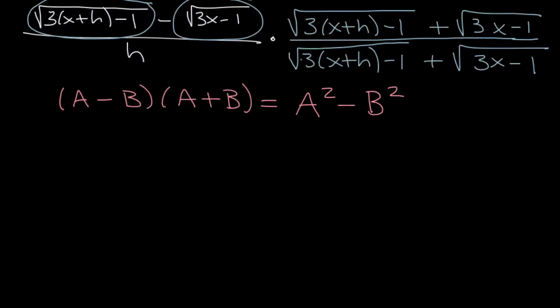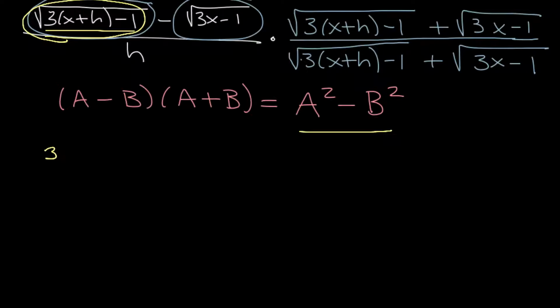Now we're going to use this formula and substitute these expressions for a and b, and we get a squared minus b squared, which is going to be the square root squared, which is just the expression underneath.